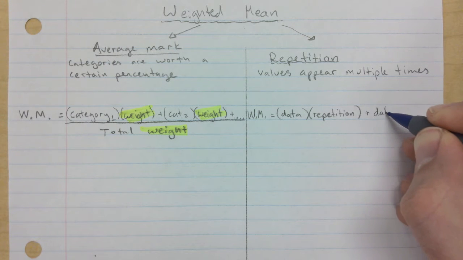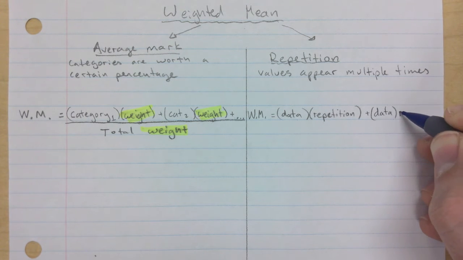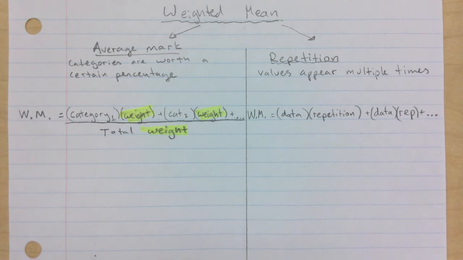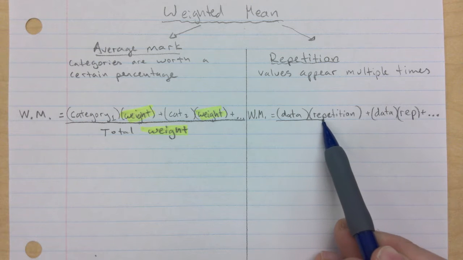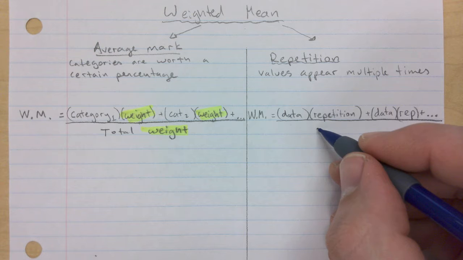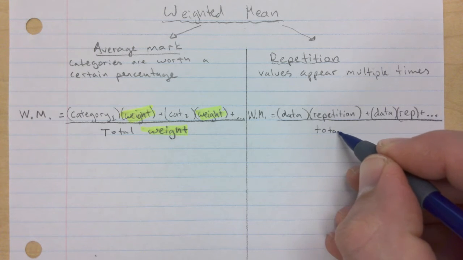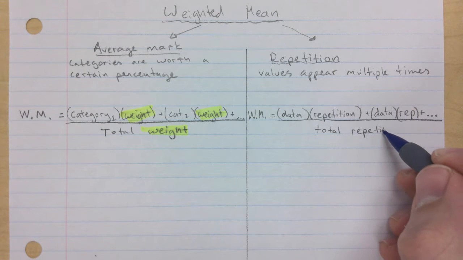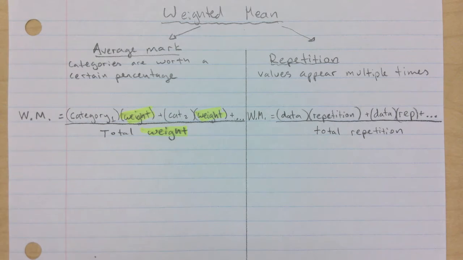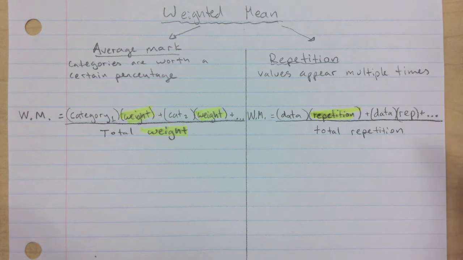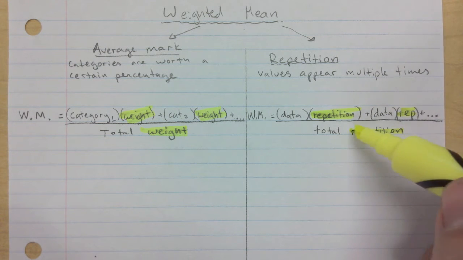Plus data times repetition, plus as many times as this occurs. The province really likes charts quite often when they do this. Divided by total repetition, or total number of data points. So highlight repetition, repetition, and then repetition.